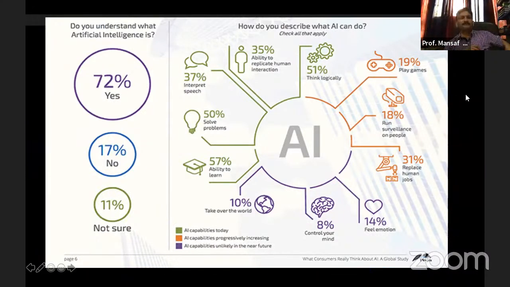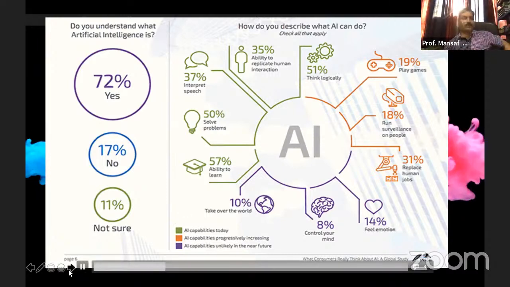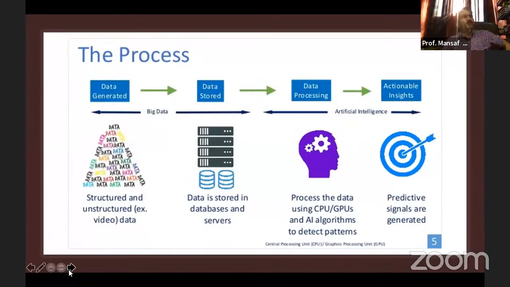So now see here: as I told you, the 4 steps take place in your mind, and the same 4 steps we are going to use for the machine to make the machine intelligent. First one, data generation. As I told you that we receive data from the surroundings, here you are going to generate the data and store that data in the computer memory.